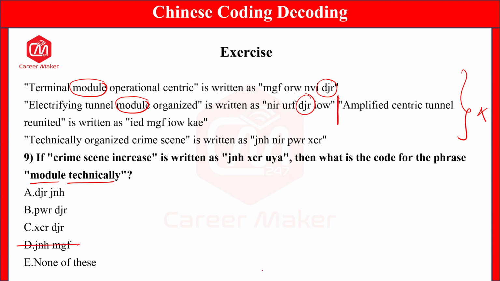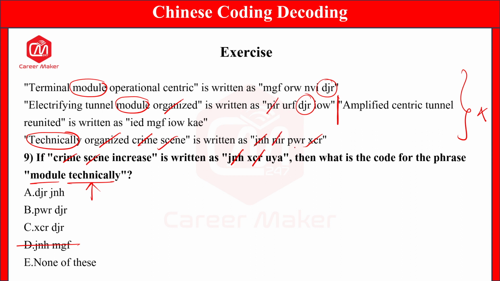So this option is eliminated. Now for technically, how we can find? So obviously technically is here, and in this we can eliminate crime scene from these 2, JNH and then XCR. That can't be the code. Now we have to cancel organized also. So for this we have common in these 2, and which one is common?